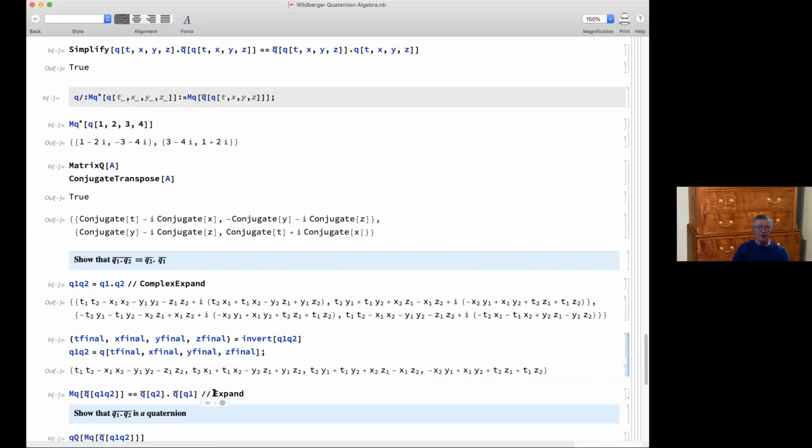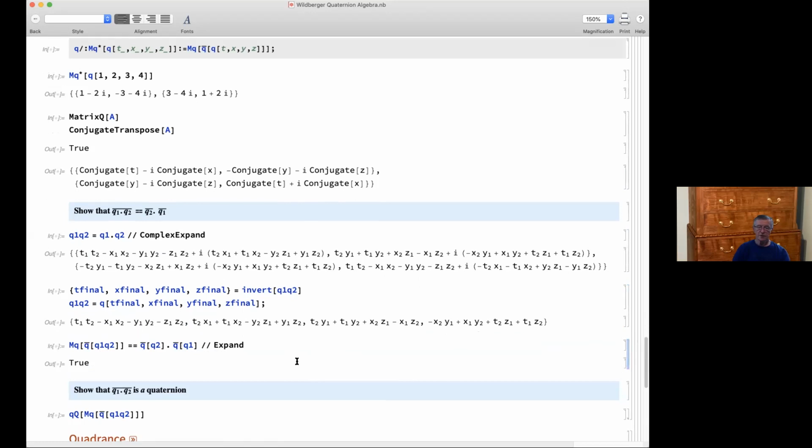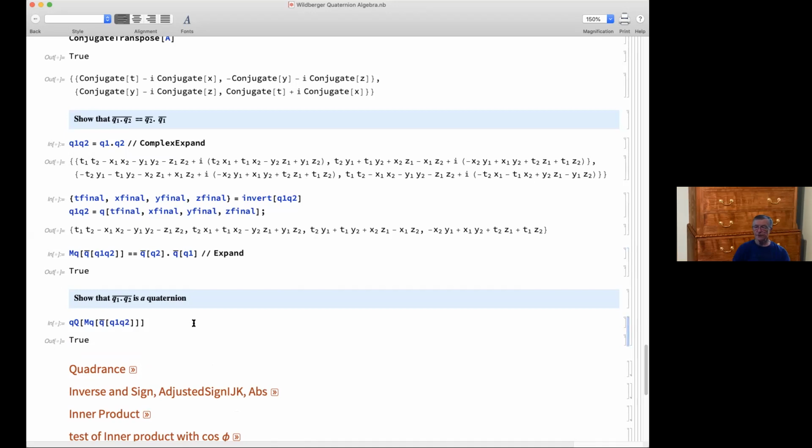I can then put those elements back into the conjugate of that product, and I can show that that's equal to the product of the conjugates of the individual quaternions. So we show that that's true. Now we might ask, since I did this all in matrix representation, is the conjugate of that product still a quaternion? So I go back to capital Q, and I get true. So everything works out.